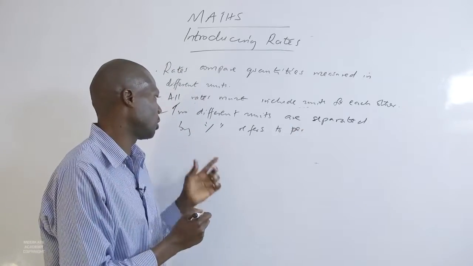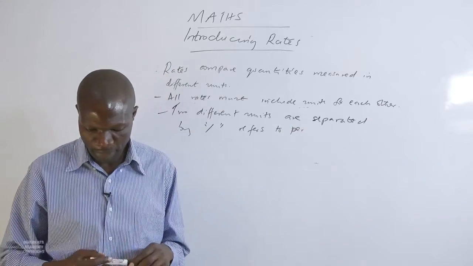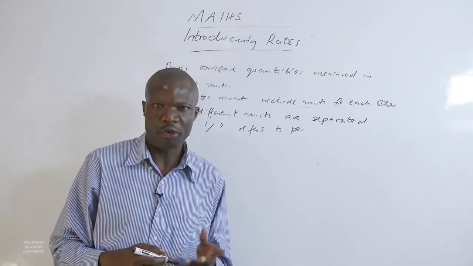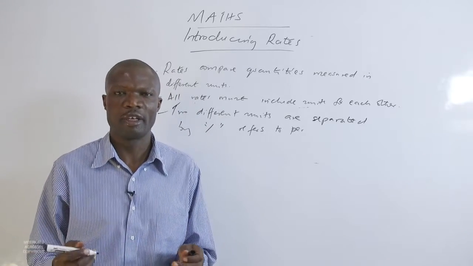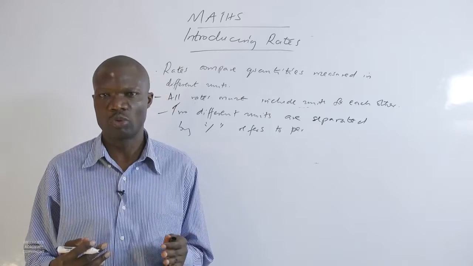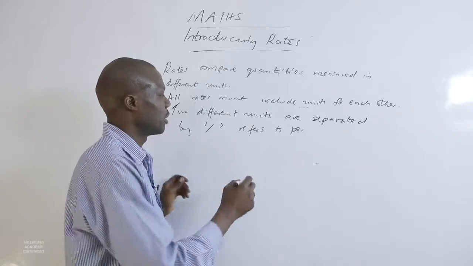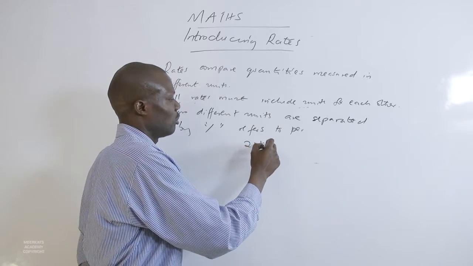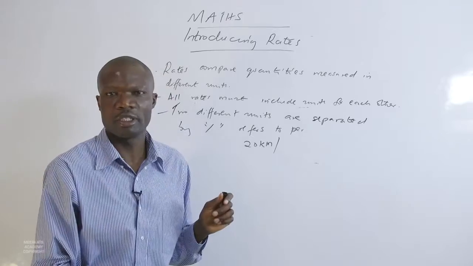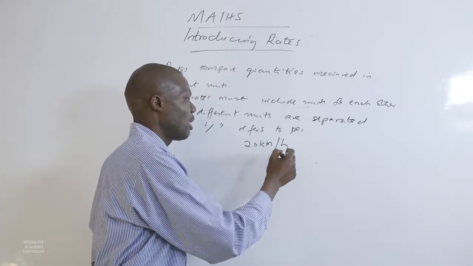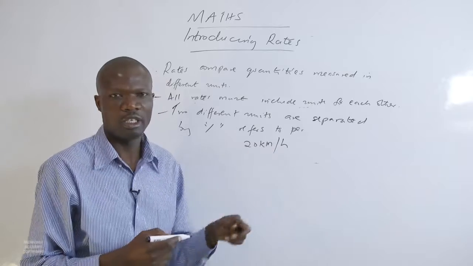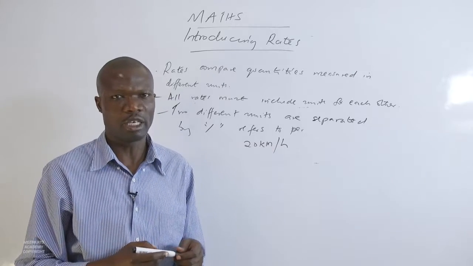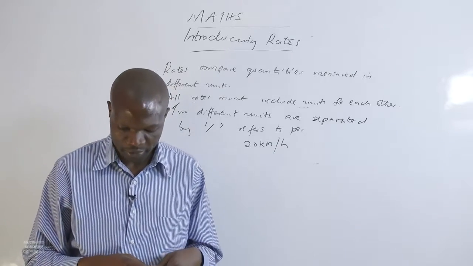So when you see this symbol, it is per. A good example of this: my dad was driving home at 20 kilometers per hour. The forward slash means per.